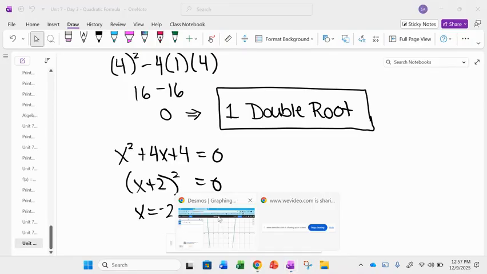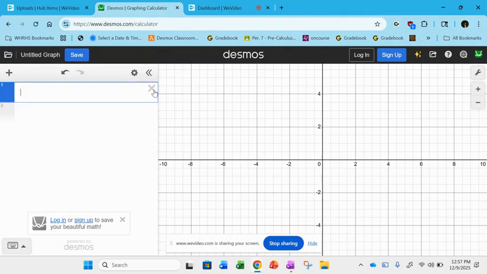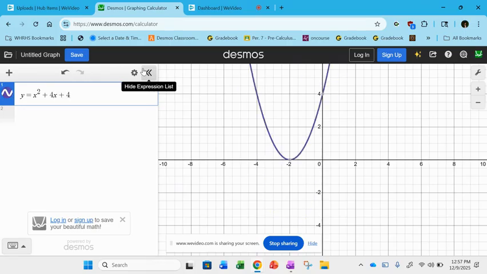This looks like a bounce on a graph. So if I have y equals x squared plus 4x plus 4, if you notice, I'm not actually fully crossing that x-axis. I'm hitting my root, and then what's happening? I'm bouncing back up. So it's not crossing the x-axis to be able to hit it in another location.